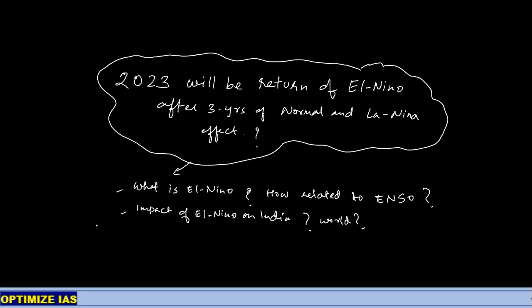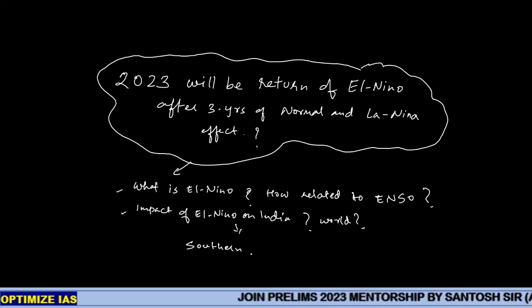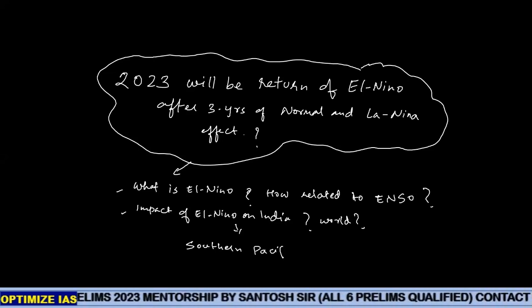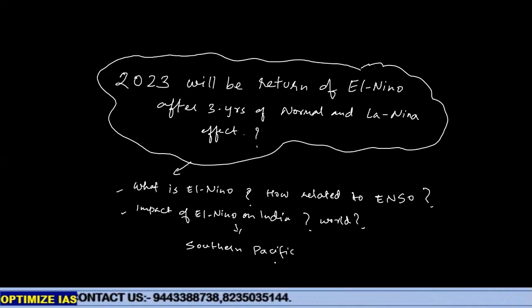El Nino, so if you are observing the Southern Pacific Ocean, I will not explain in a fast manner. I'm going slowly. You can write along with me, guys. It's a part of the Southern Pacific Ocean.